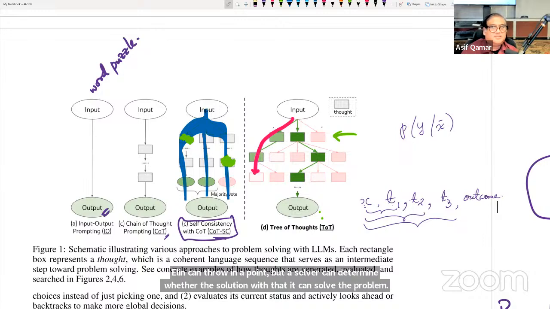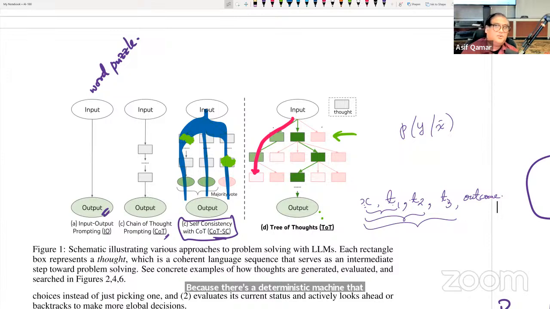Because there's a deterministic machine that eventually says it is correct, it makes a difference. Likewise, with the math breakthrough paper, what was that called? I forgot the name of the paper. FunSearch, yes, FunSearch. Once again, there was a deterministic machine, there was a validation step. So somewhere in there, you have to throw in a deterministic machine if you want to be absolutely sure.